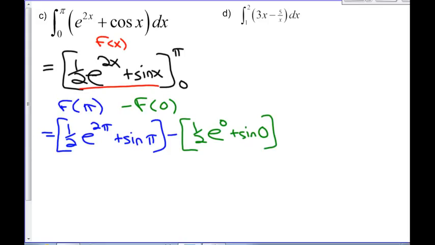Okay, let's see what that works out to be. 1/2 e to the 2 pi plus sine pi. Sine pi is just 0. Minus 1/2 e to the 0. E to the 0 is 1. So that would just be 1/2. And sine of 0 is 0.